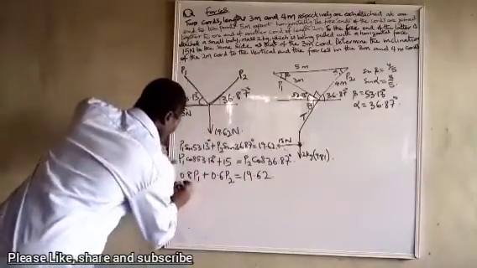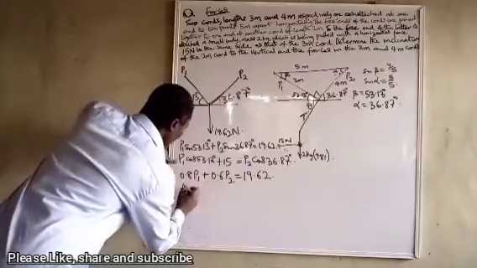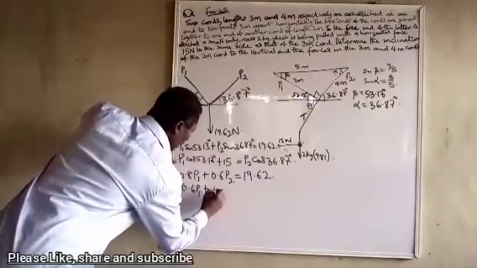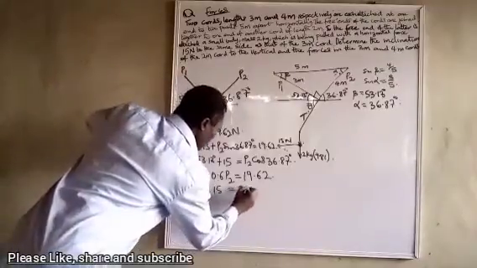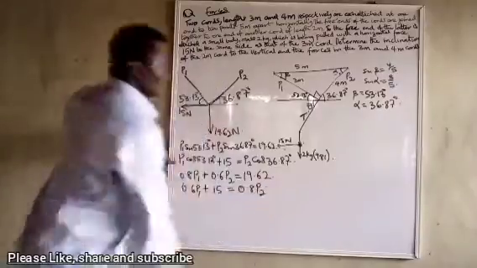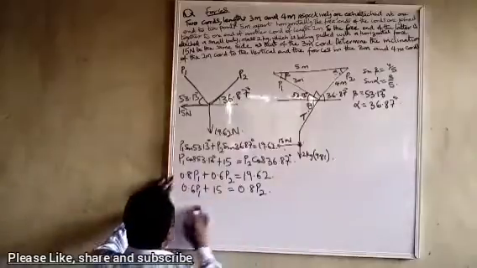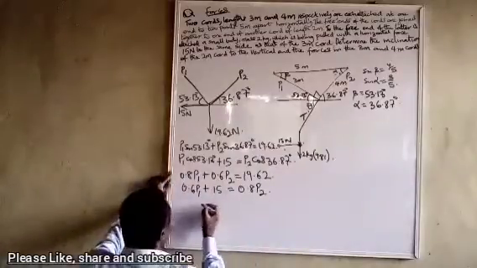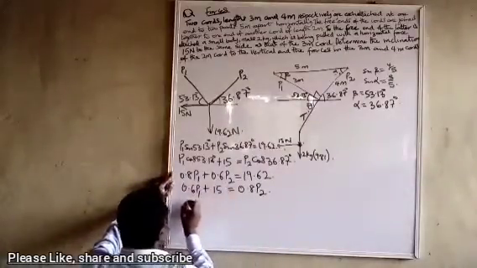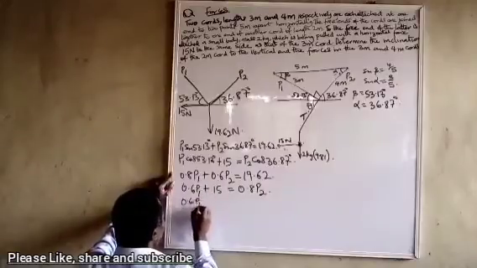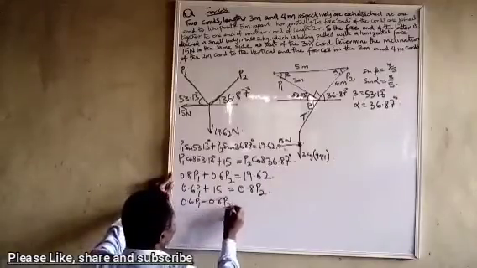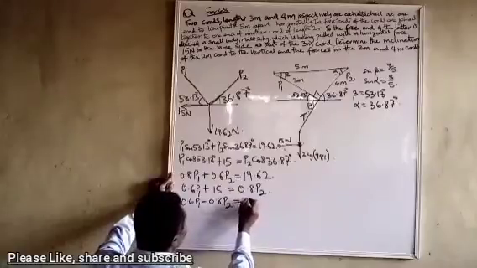And this one is 0.6 P1 plus 15 is equal to 0.8 P2. That's it. So from here, I just do my simultaneous equation. So I have 0.6 P1 minus 0.8 P2 is equal to minus 15.